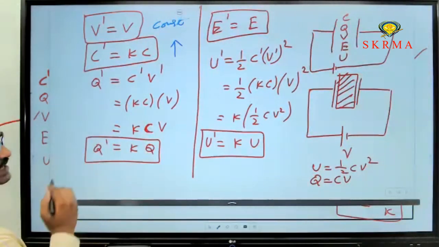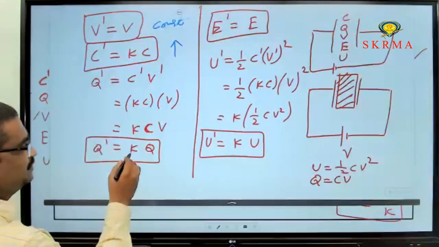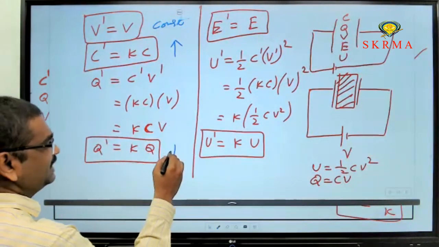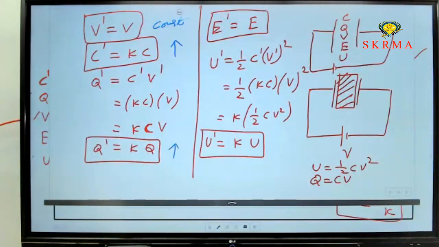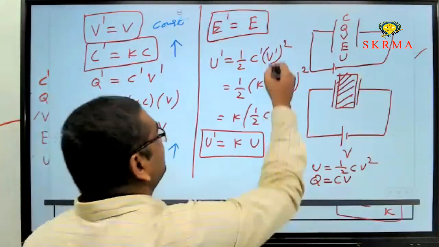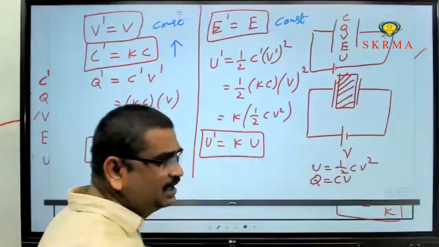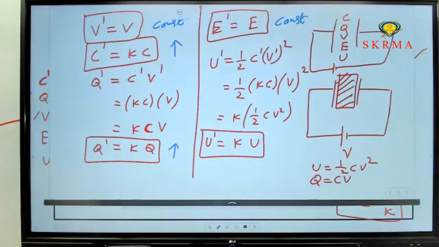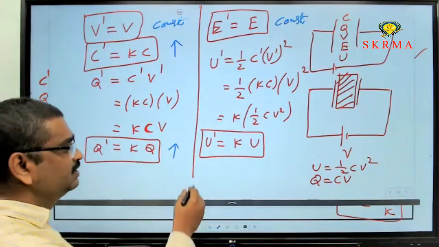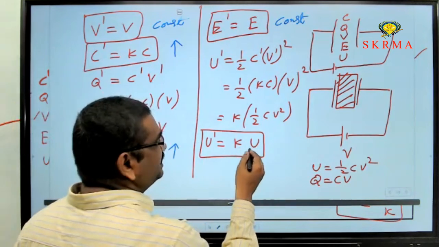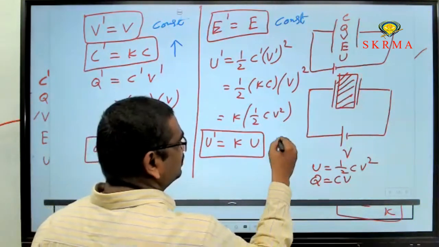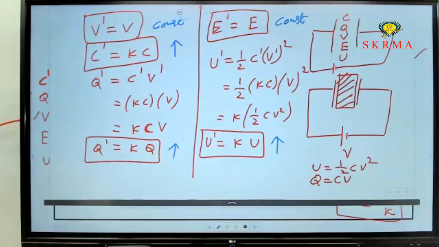Next, new charge. Just we are multiplying with old one. So, in this case, charge also increasing. Next, electric field. E dash equal to E. So that we can conclude that constant. E dash equal to E means electric field is constant. Next, energy is K into U. So that we can conclude that energy is increasing.